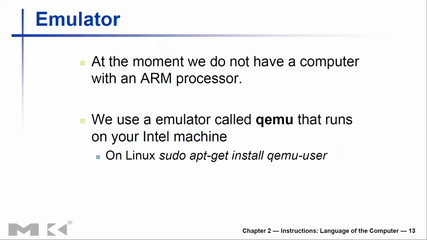This ARM machine code you can run only on an ARM processor. Since you only have an Intel processor, you need a tool that can emulate the behavior of an ARM processor. We call this program an emulator, and we are using an emulator called Qemu to run ARM assembly, ARM machine code, ARM binary, on your Intel machine.